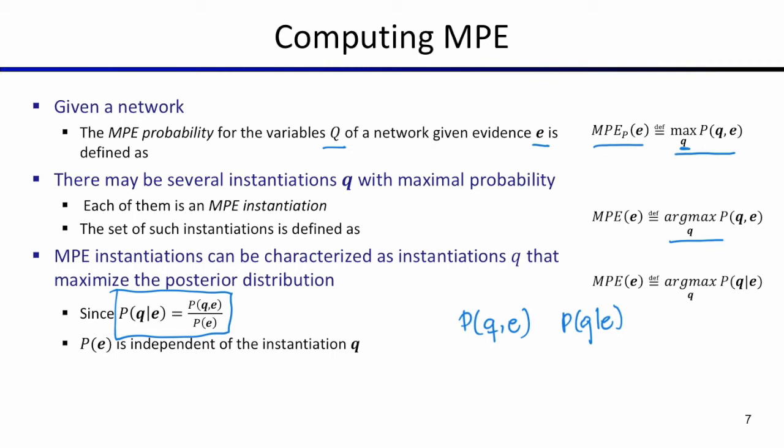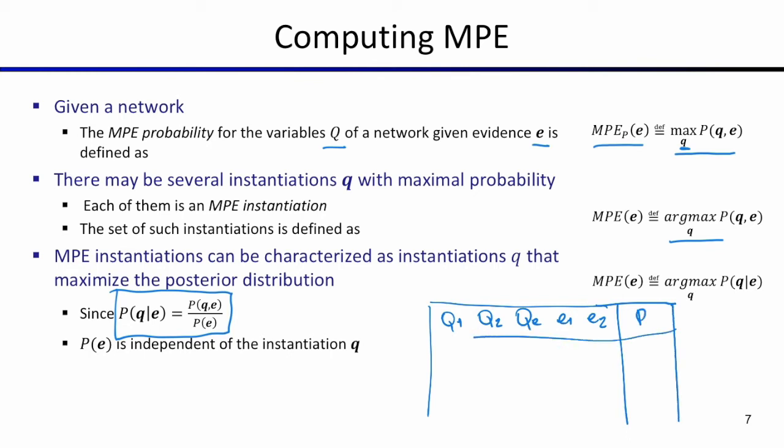If we have a table that mentions the probability of Q and E, so we have a table like this, we have all the query variables like Q1 and Q2 and Q3, and you can also express here the evidence, but they're going to be constant, E1, E2, and so on, and we have the probability here. And so we are looking at the assignment here that has the maximum probability, and this one is going to have a certain probability P here that is the highest of all probabilities that we have.